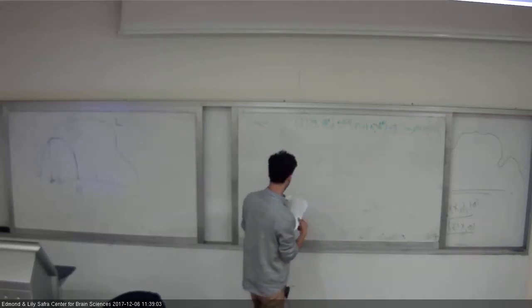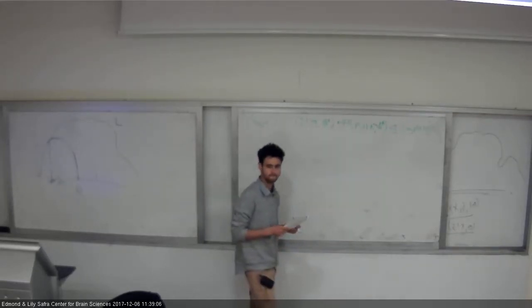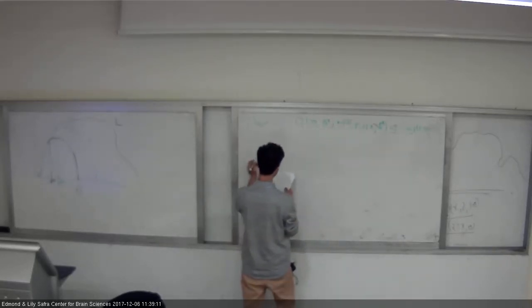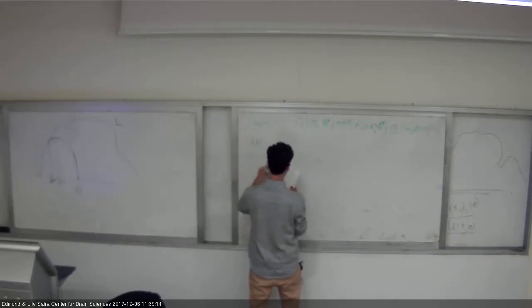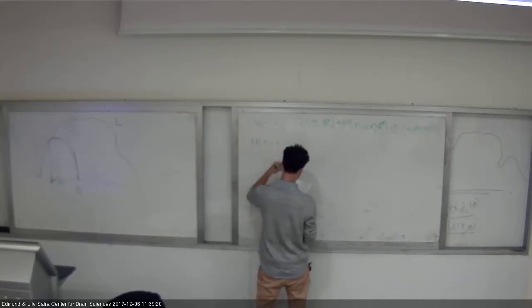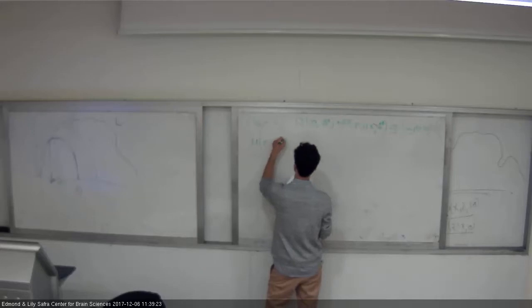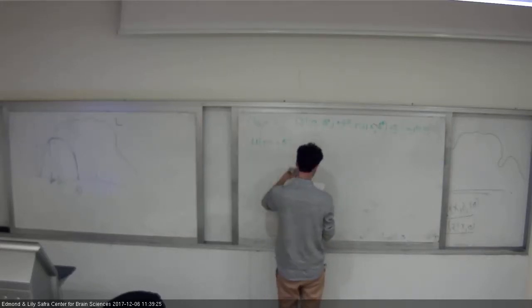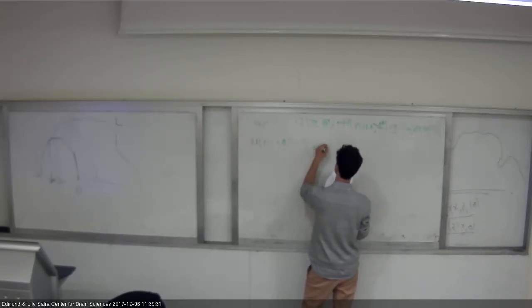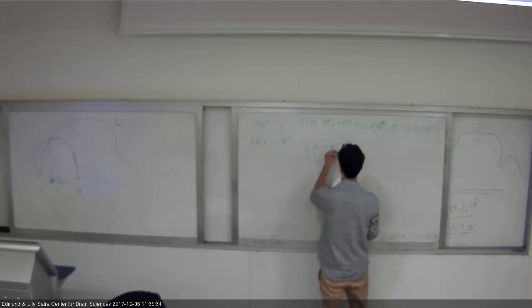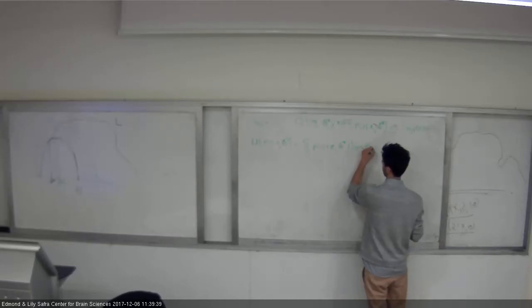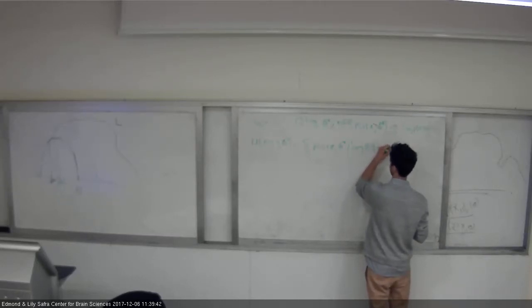So you can think of the entropy of z, p of z given x and theta hat, as equal to the sum over all the z of p of z given x and theta hat at time t, log of p of z given x and theta hat at time t.